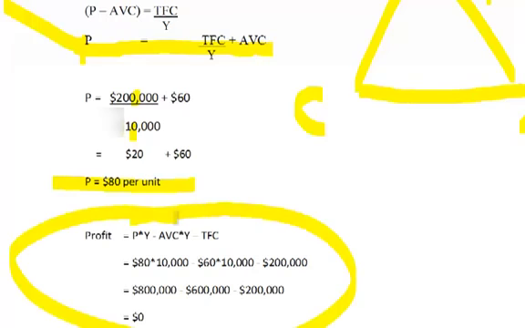And again, we can get in there and look at that profit equation and find out that when you do in fact sell 10,000 units, the profits are in fact 0. So $80 is compatible. So what we've got here is very simple things. Make sure you look at those cautions at the end of the break-even point.